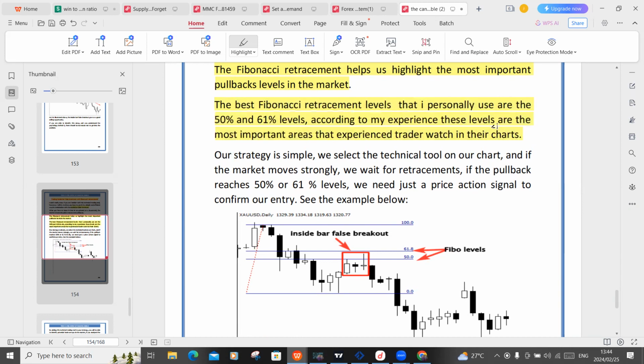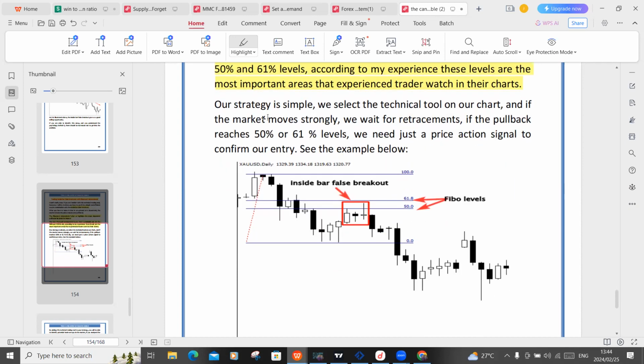I think if you checked a few pages before this, or the previous video we mentioned, we spoke about the fib in greater detail. Our strategy is simple. We select the technical tool on our chart. If the market moves strongly, we wait for retracements. If the pullback reaches the 50 or 61 level, we need just a price action signal to confirm our entry.